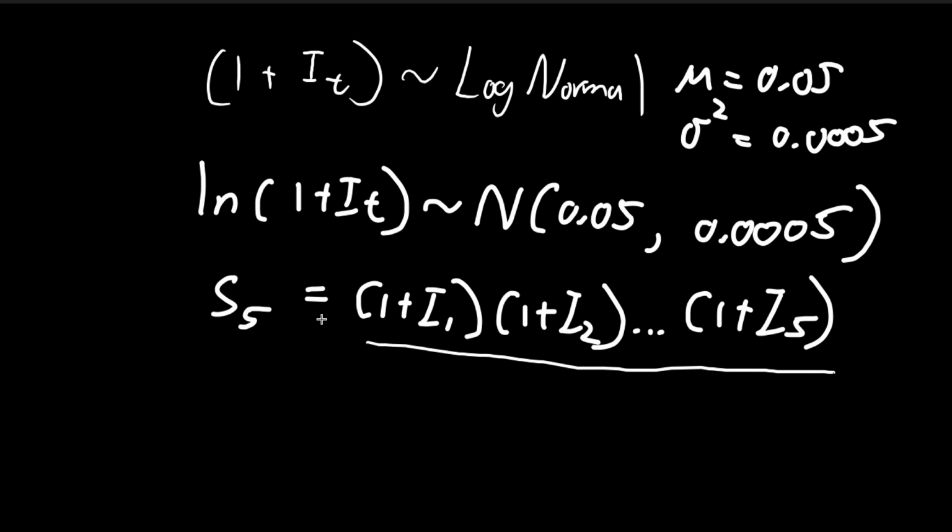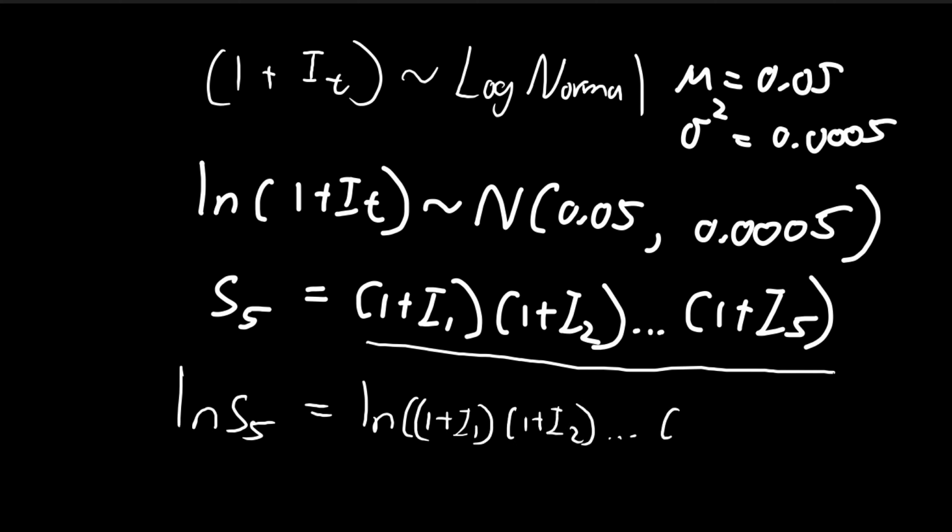We're not really sure what exactly it is, but it's easy to find the distribution of S5 if we take the natural log. Because then this becomes the natural log of all these products. As we know from logarithms, log AB is equal to log A plus log B, so we're going to use this directly.